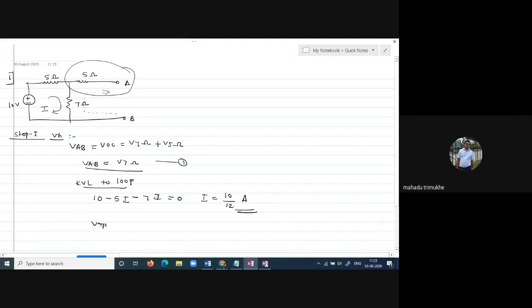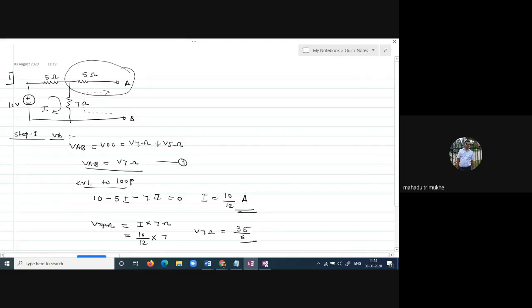We have already calculated the loop current, 10 by 12, multiplied by 7. If you calculate it, you'll get V7 ohm as 35 by 6.